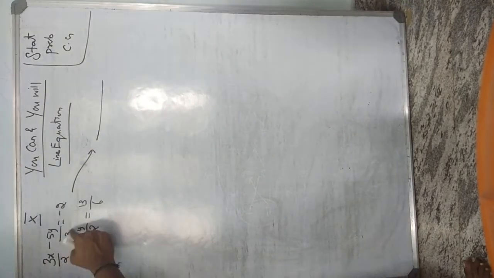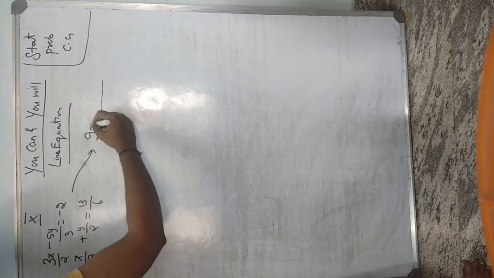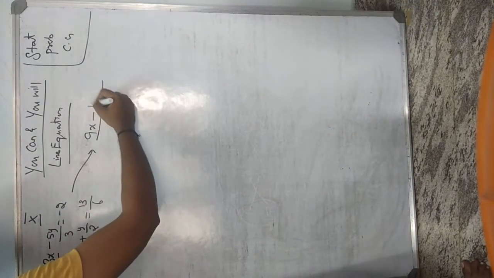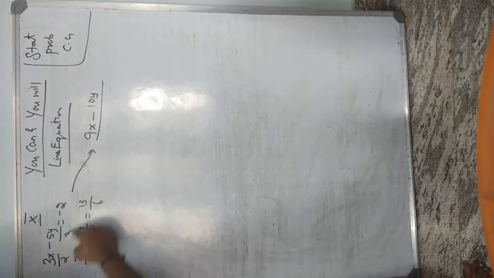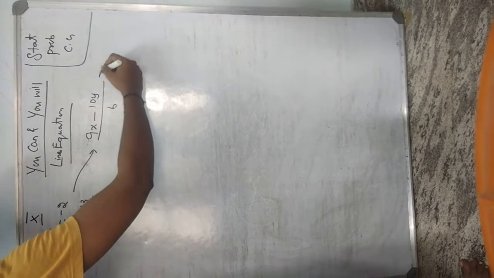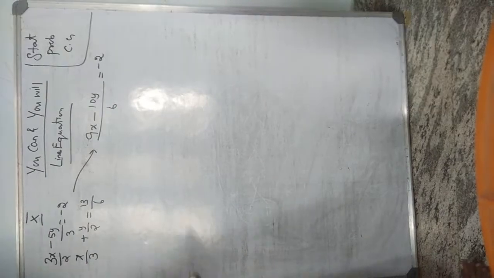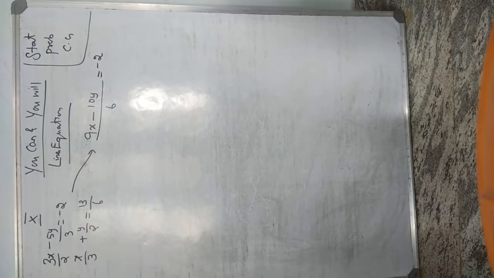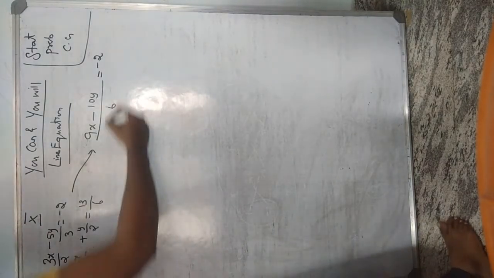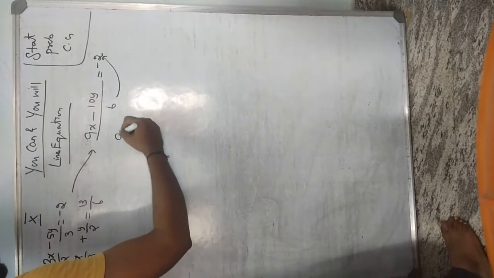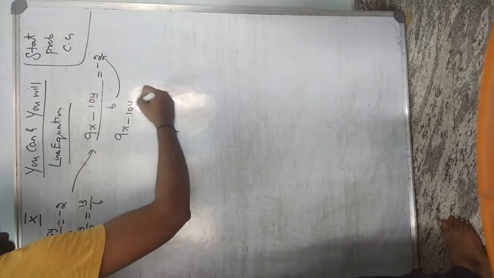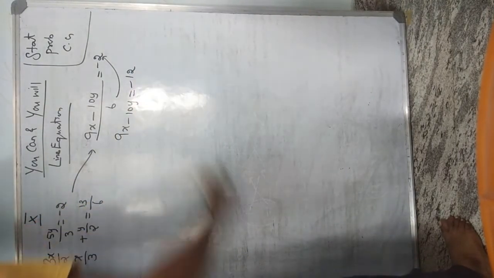And if you multiply the normal LCM 6, equal to -2. So if you cross multiply now, 9x minus 10y equal to -12.